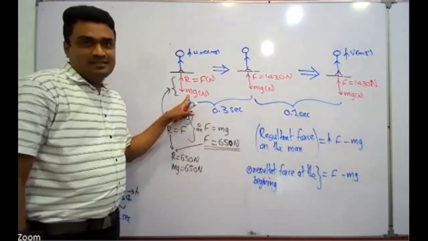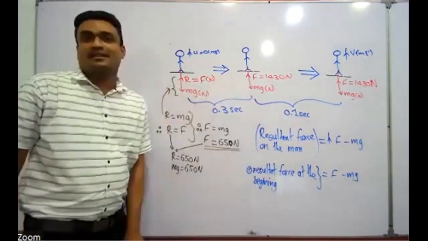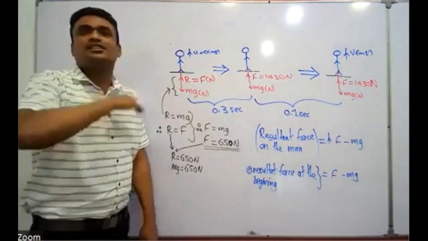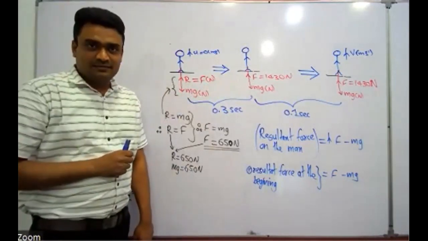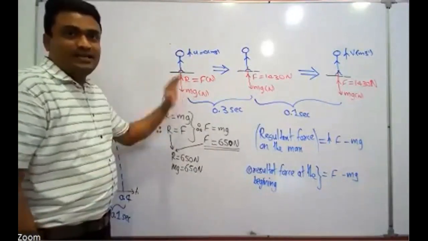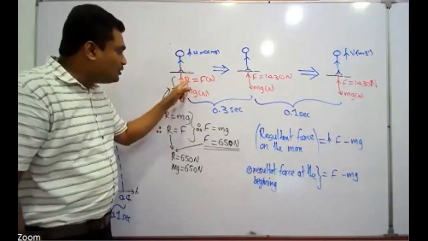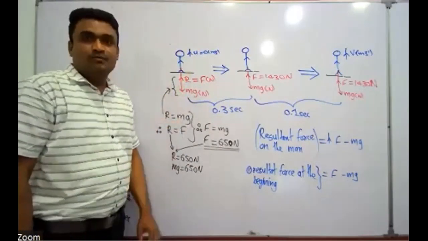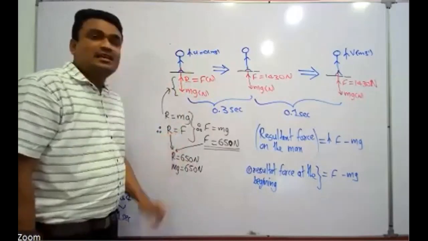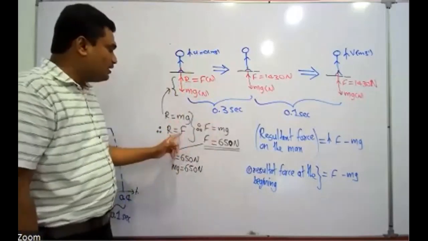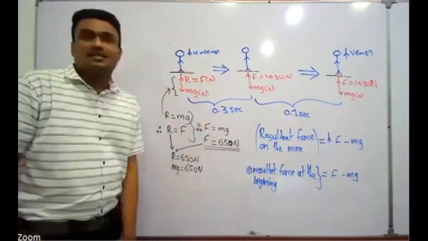Initially, mg is 650. mg is always 650. Who says mg is 650? It is given in the question. That's what we have underlined. So initially, at the beginning, when the man is at rest, upward force and downward force are equal. Therefore, R equals mg. But the question tells us R is F. F is the force given by the ground. So initially F, mg, R all are 650.